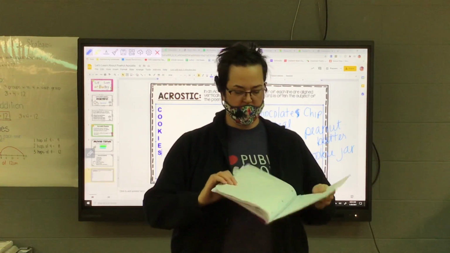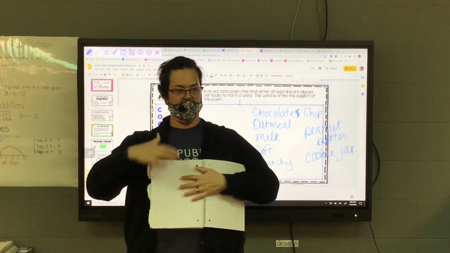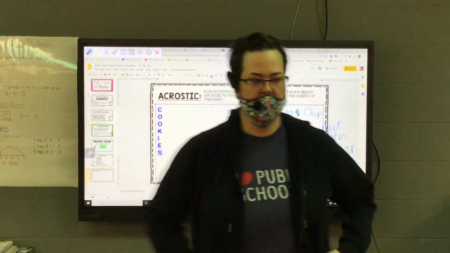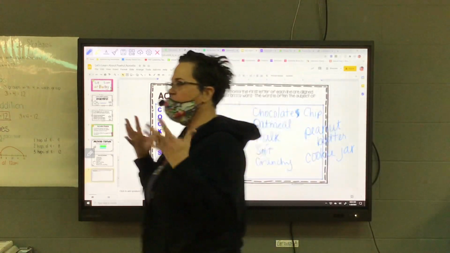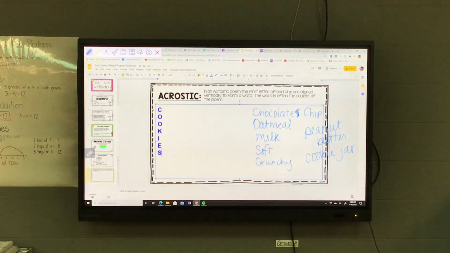We can use the back side of that page as our brainstorming for our acrostic poem. And think of as many words that describe your vertical word that you chose to use for your acrostic poem. Like he said, even words that don't start with one of those letters. So go ahead and do your brainstorming right now.